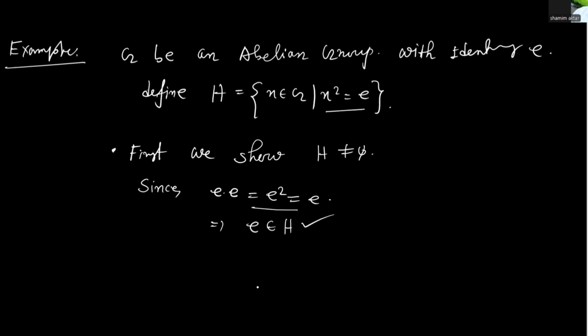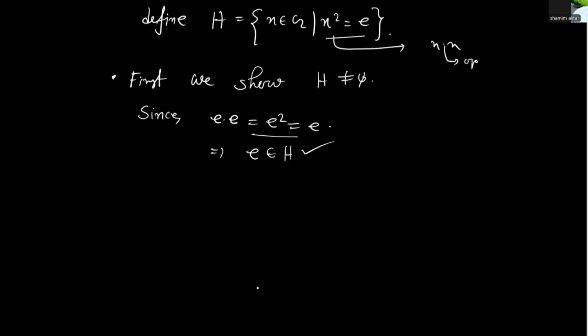So this implies the identity element belongs to H. Here x squared is x dot x, where dot is the operation, according to the question.